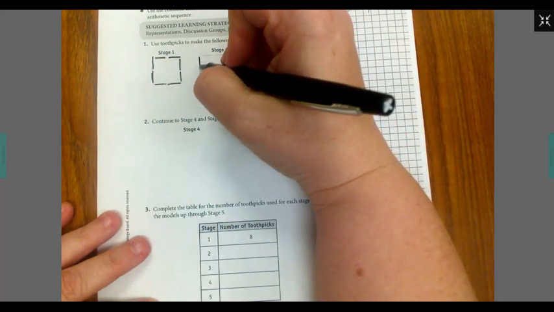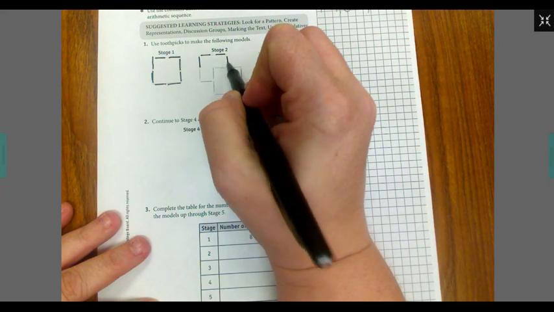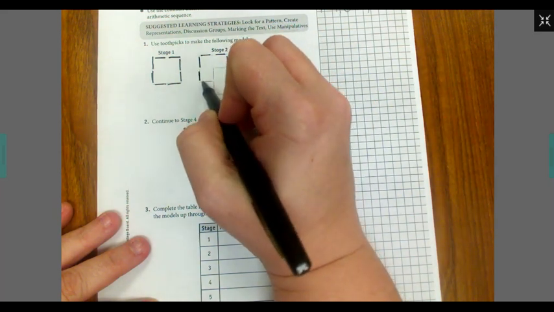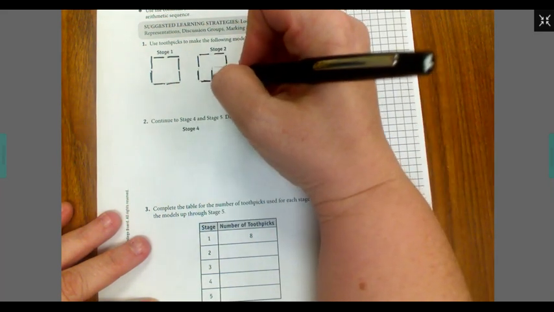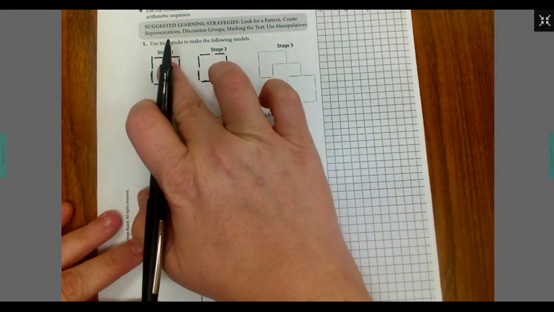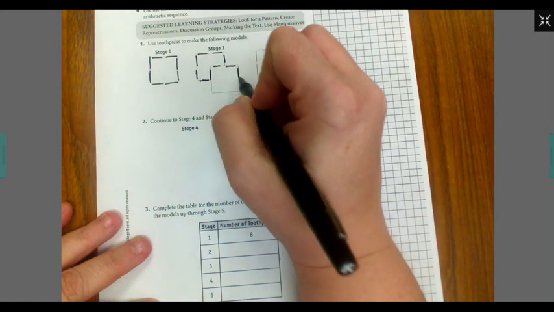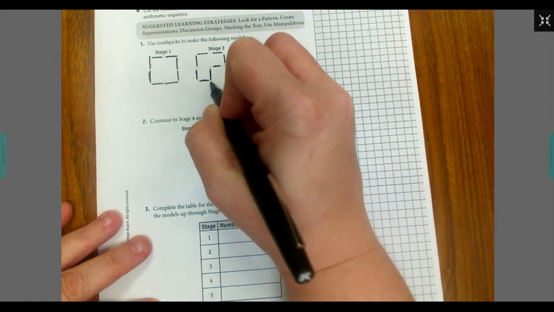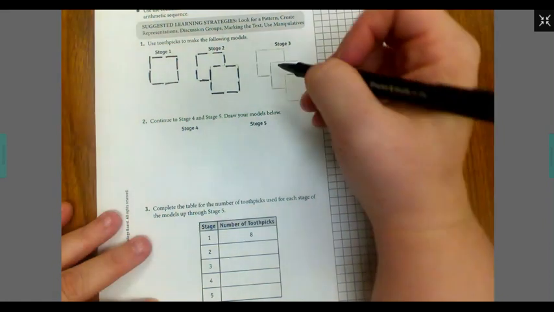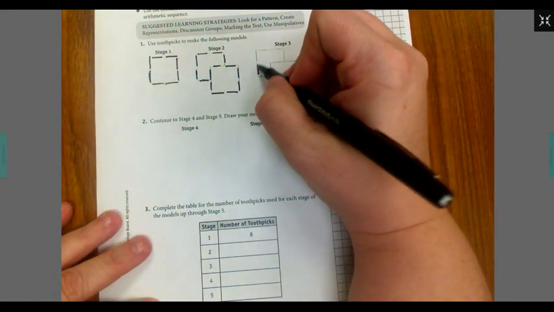Then here we have a toothpick, toothpick, toothpick, toothpick. Here's another one, this one, this one. So it's like these two went kind of at the other corner, and then we've created this whole new box around it.